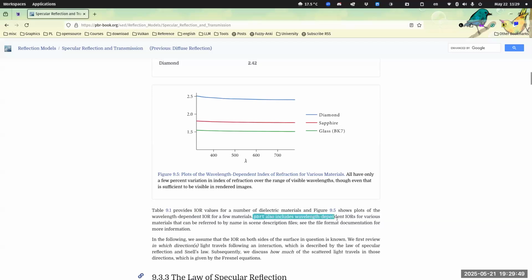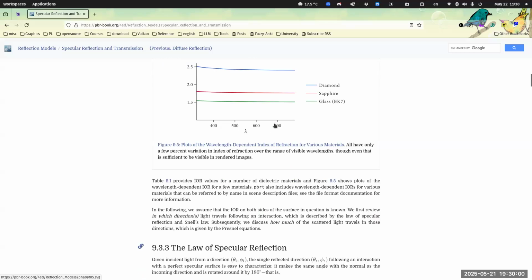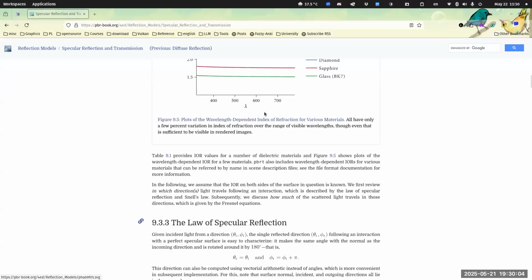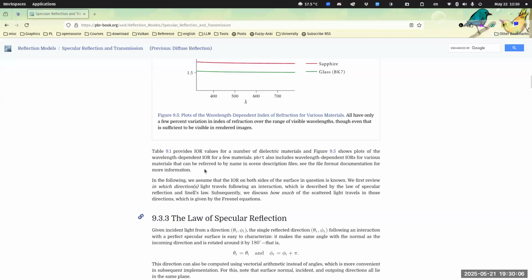PBRT also includes wavelength-dependent IORs for various materials that can be referred to in the file format. So in the following, we assume that the IOR on both sides of the surface in question is known.